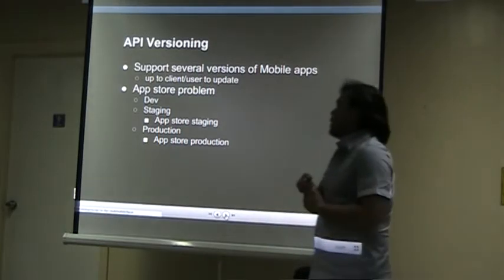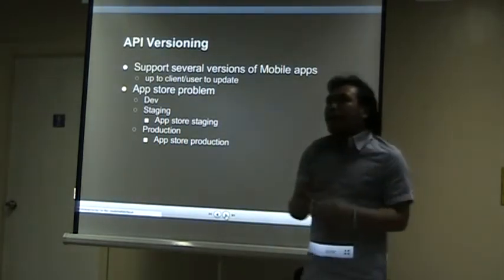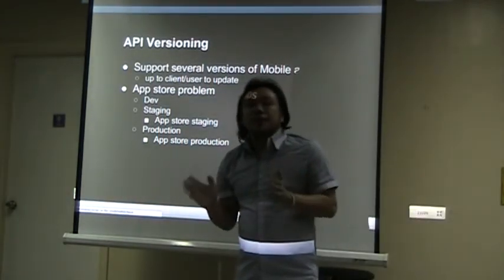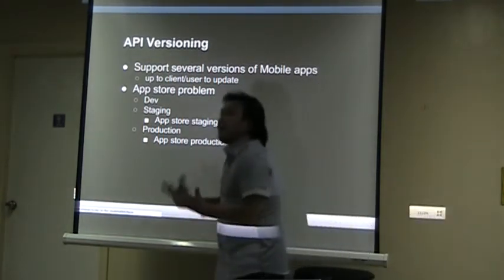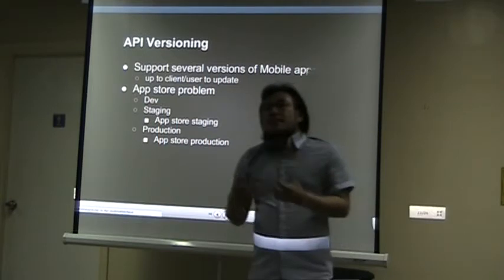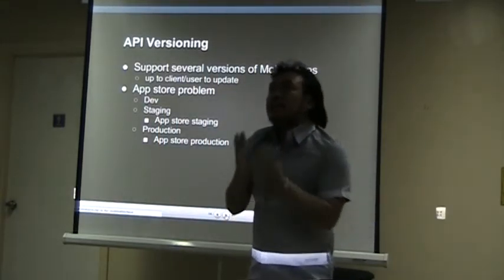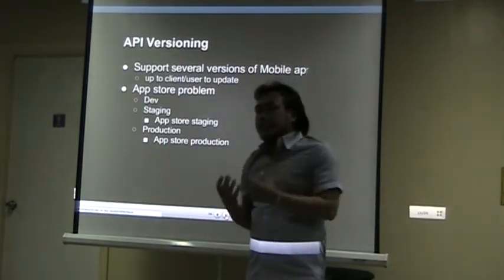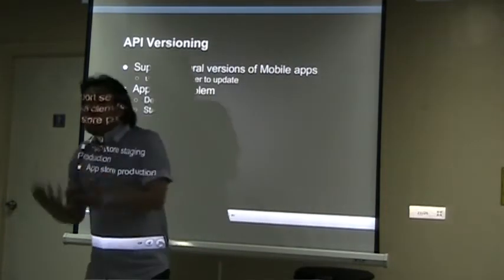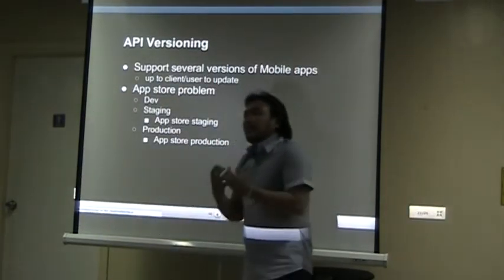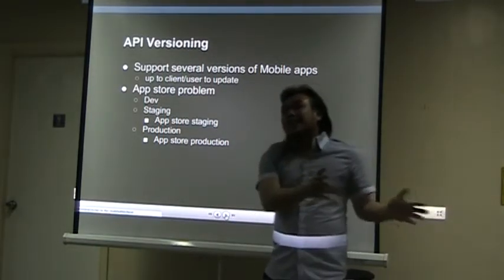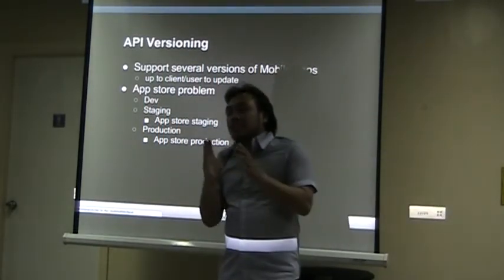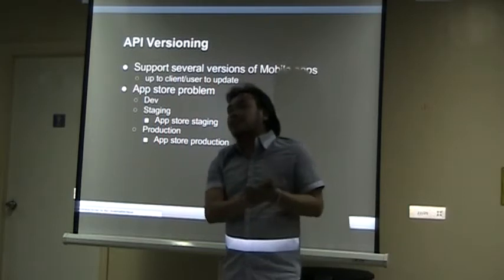And then there's one copy of your app that's in queue for review in the App Store. So obviously, those need to connect to different APIs, since the version that you are asking Apple to check might not support the version that's already in production, or the version that's already being used by your end users.